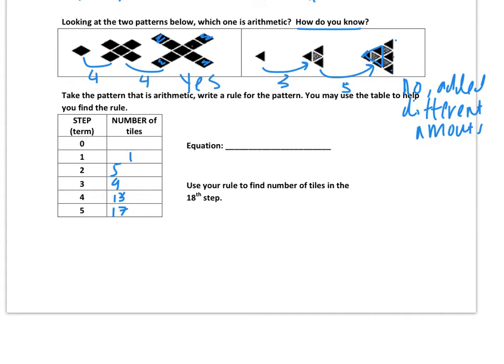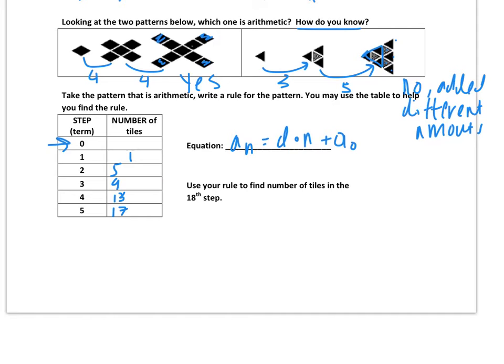Okay. So the equation is going to look like a to the n power equals whatever the difference is times the term number plus the 0 term, a to the 0. That's the one we haven't figured out yet.